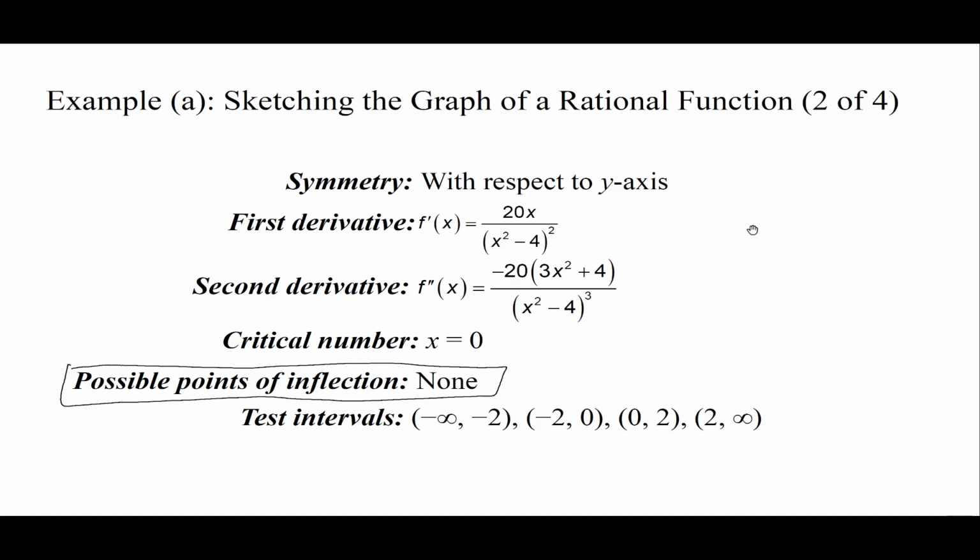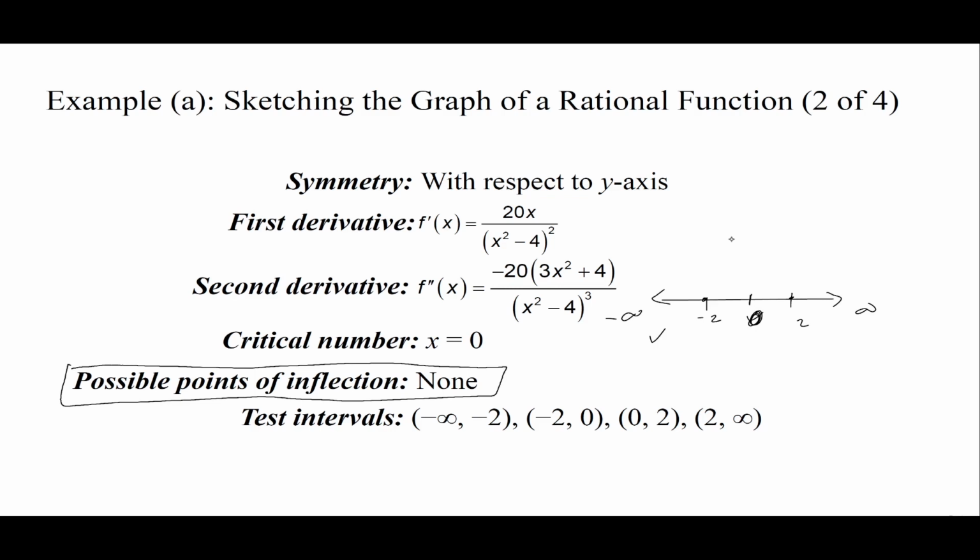Okay, after finding this test interval, how did we find the test interval? By looking at the domain. If you remember, at -2 and +2, the function is undefined. So you can divide this real number line, and at 0 there is a y-intercept.